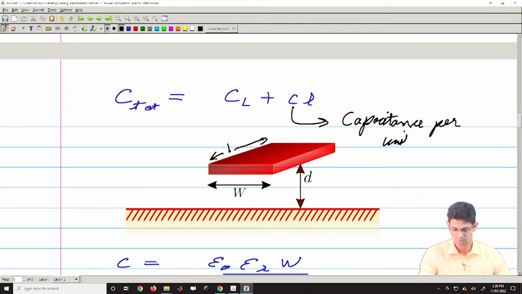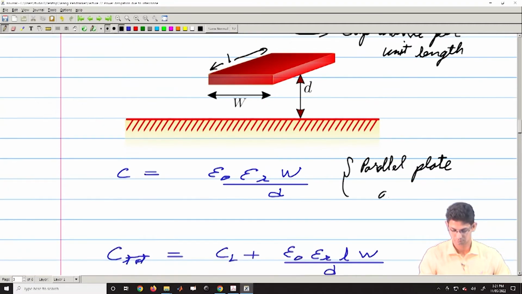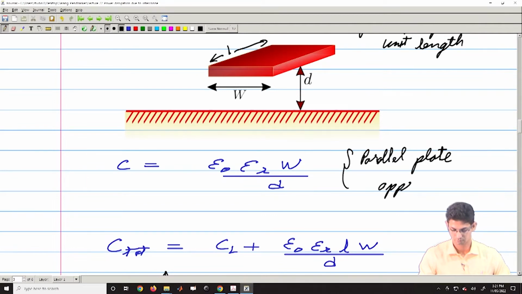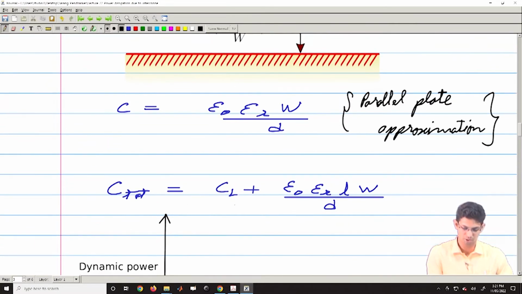So, for parallel plate approximation, your C will be this, and then your C total would come out to be an expression like this.